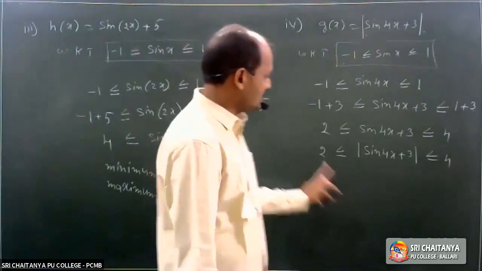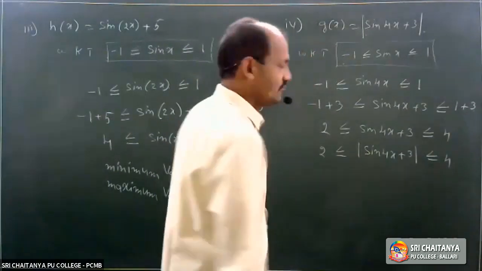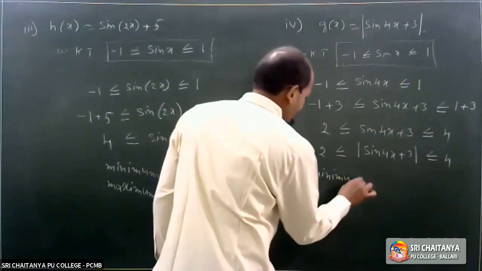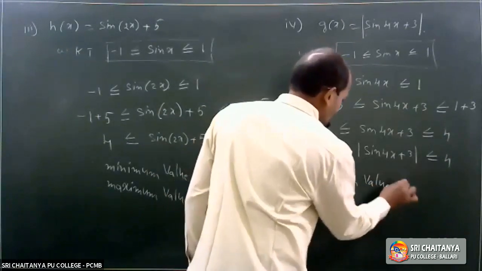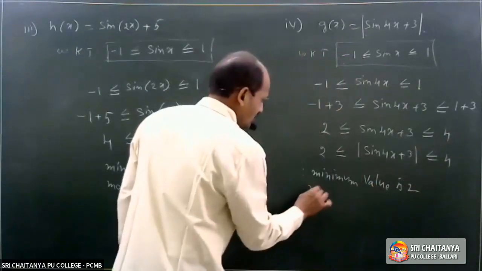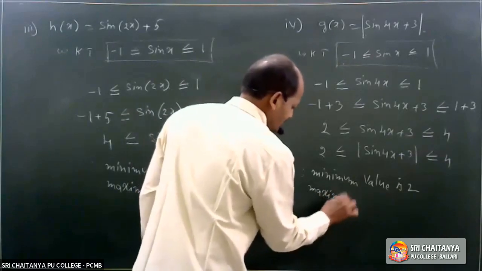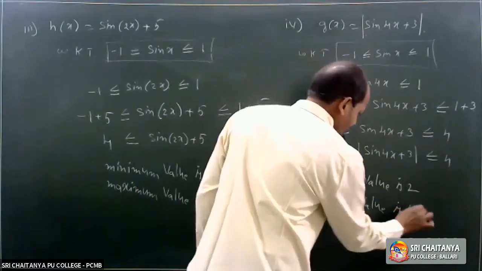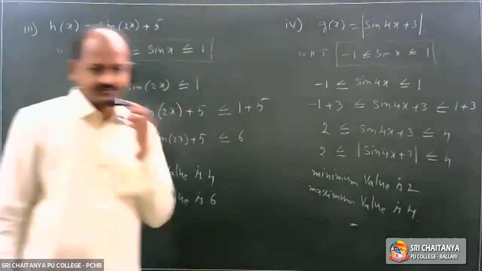So the minimum value is 2, the maximum value is 4. Therefore, the minimum value is 2, the maximum value is 4. Write it down.